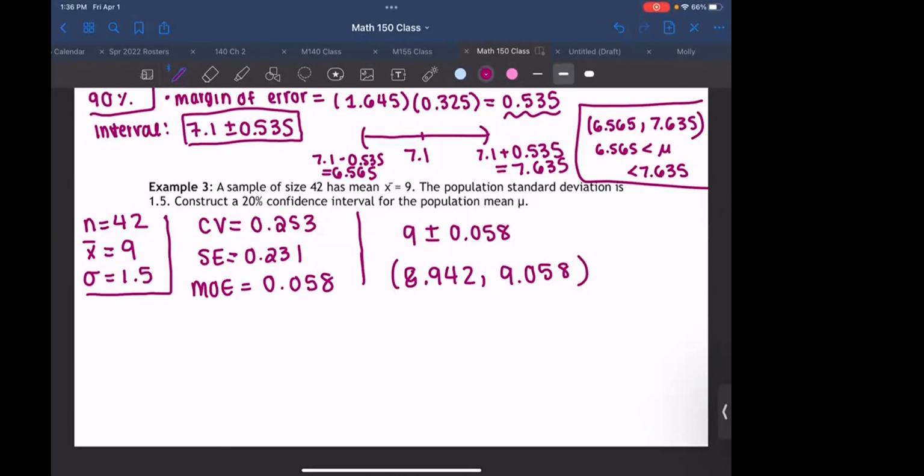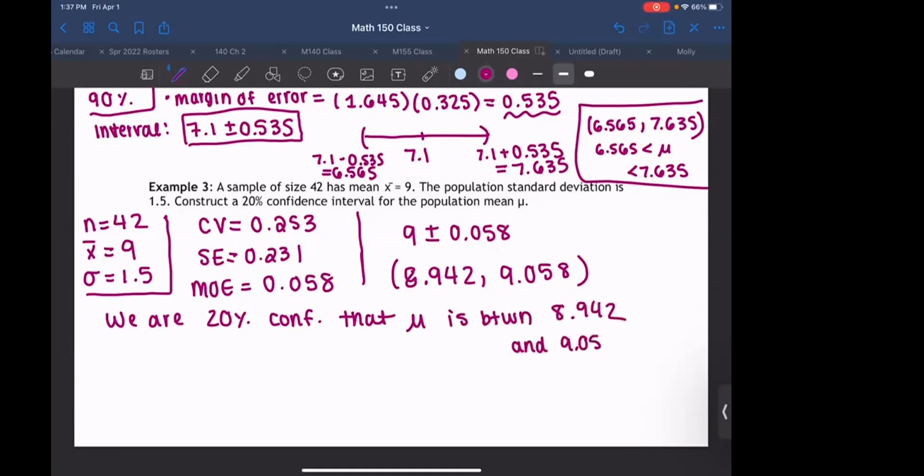Nice job. I'll write that out. So Alyssa said, we are 20% confident that the population mean, or mu, I'm just going to write mu because I'm lazy, is between 8.942 and 9.058. We'll talk about how to write that in more detail later.